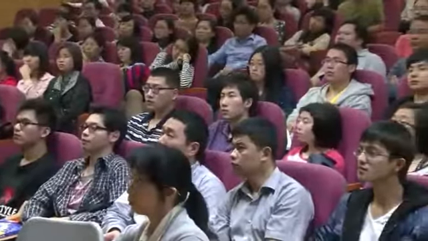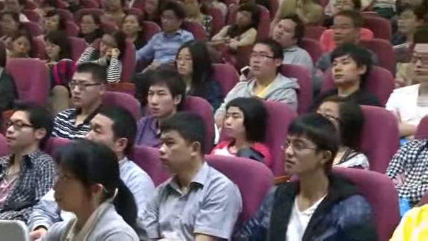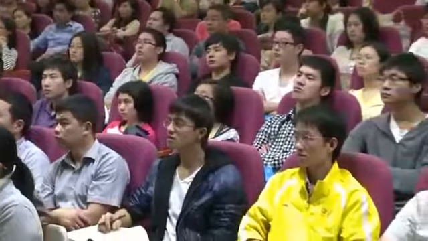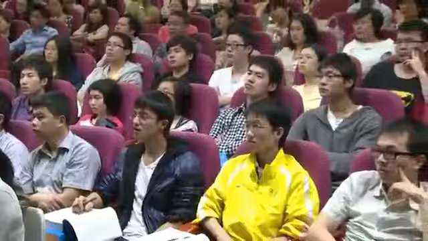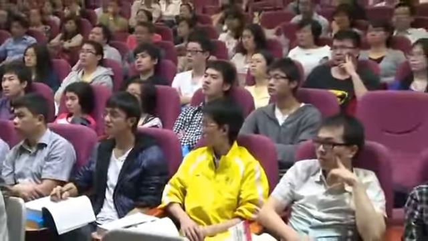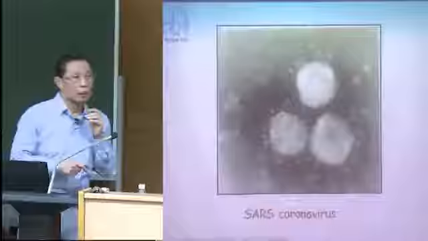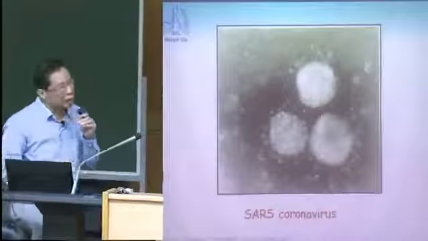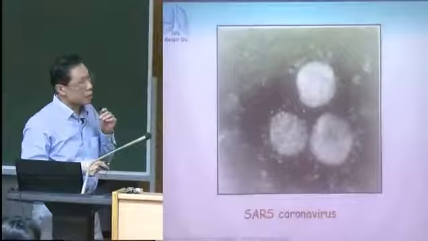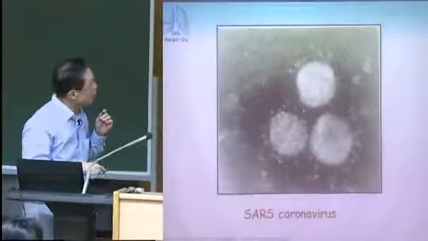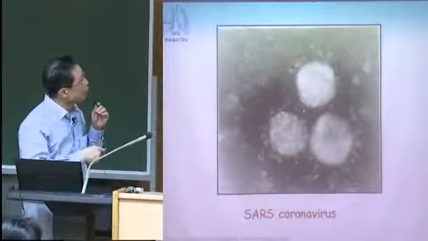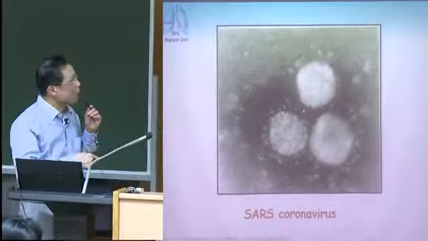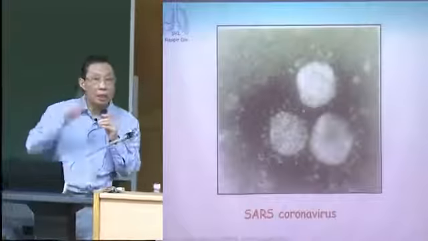But we still kept going on with our research, after some fluorescence microscopy, in cooperation with Hong Kong and some other doctors in Canada and the United States. Eventually we found the pathogen is SARS coronavirus, SARS 冠状病毒. This is the pathogen.